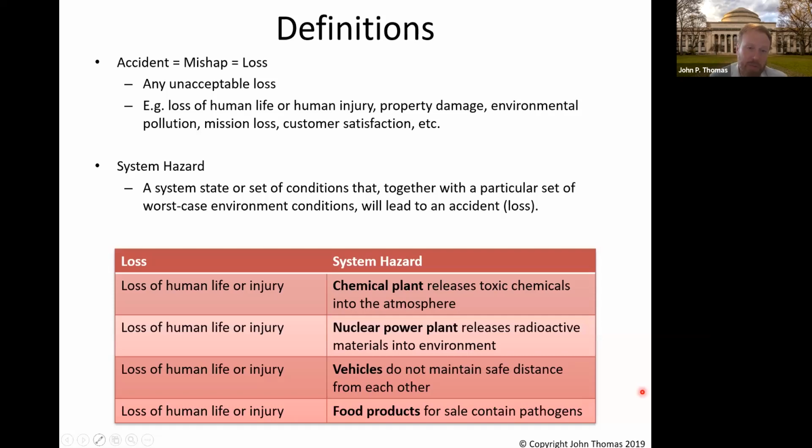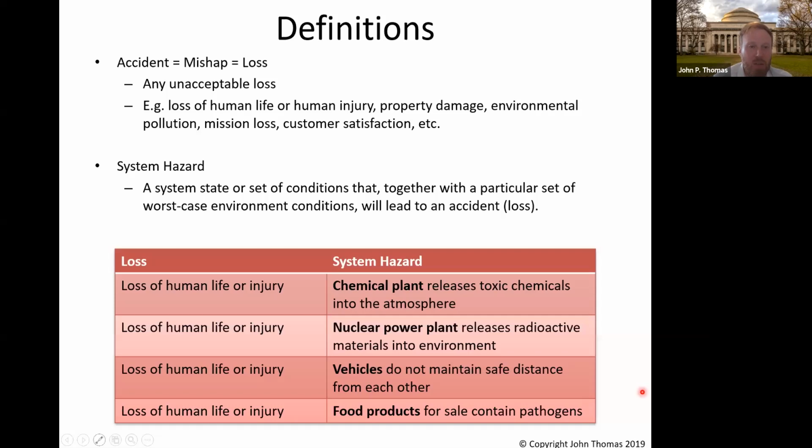Great example is the first row in this table here. In a chemical plant, a hazard might be the chemical plant releases toxic chemicals. How does that get us to a loss? Well, there might be a population nearby, and the wind might be blowing towards the population, and everybody gets hurt. That's no good. But what if the wind were blowing the other direction? Maybe we don't have that loss or don't have it quite to that degree. We are not going to try to control the wind.